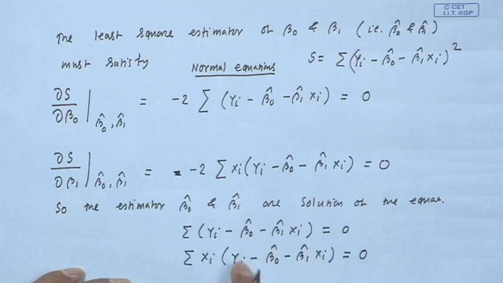So, you have two independent normal equations, and from here you can estimate beta naught hat and beta 1 hat.